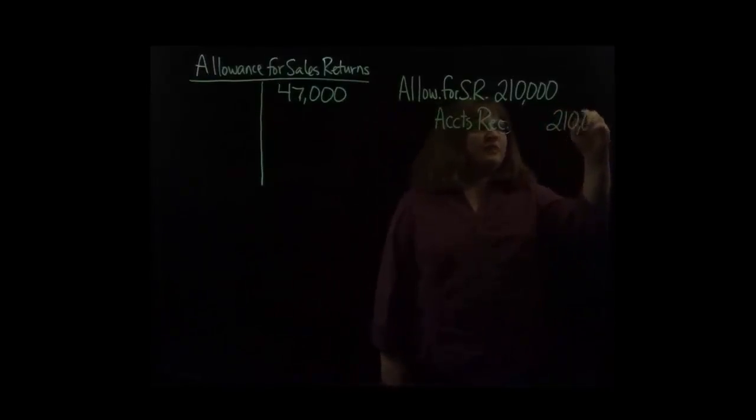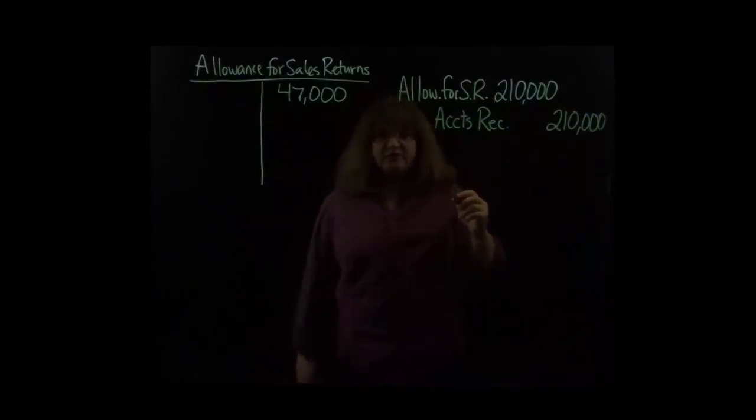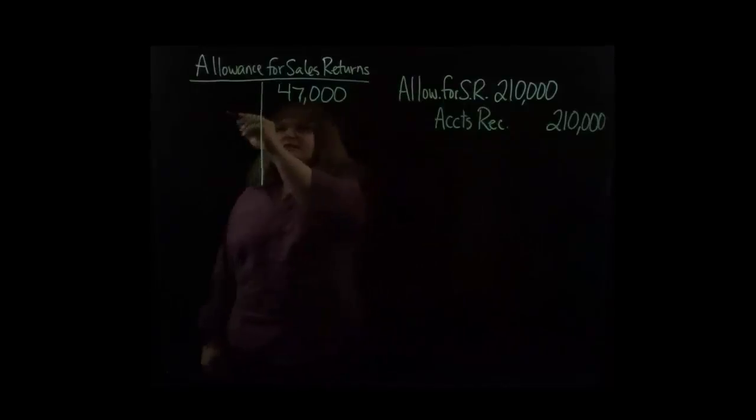So instead of debiting sales returns, the account that you would expect to debit if you didn't use the allowance method, you debit the allowance for sales returns. And so in that case, we would be debiting this account.